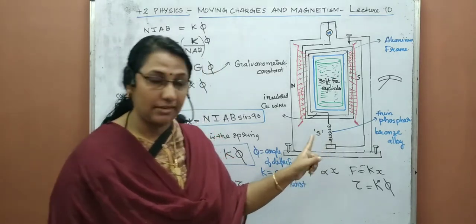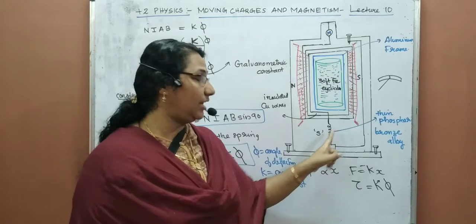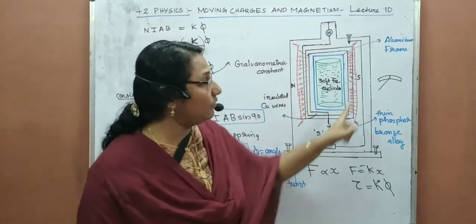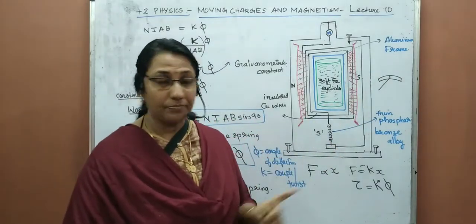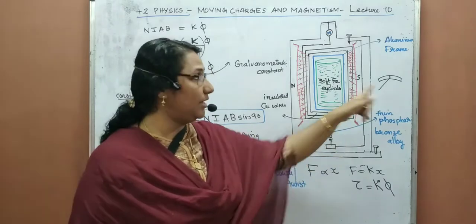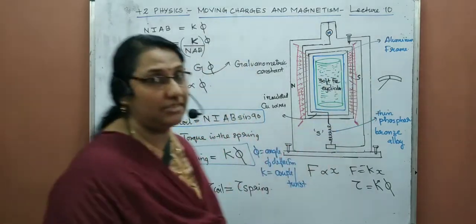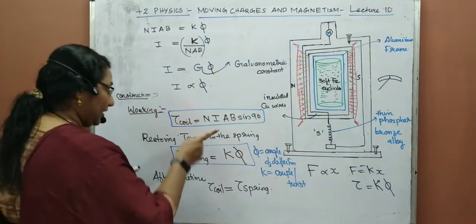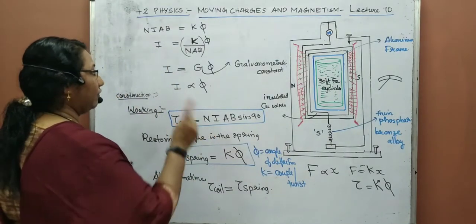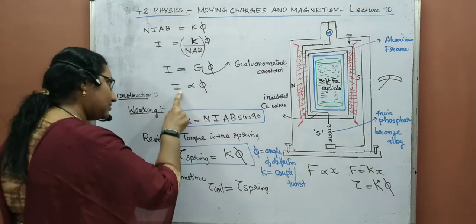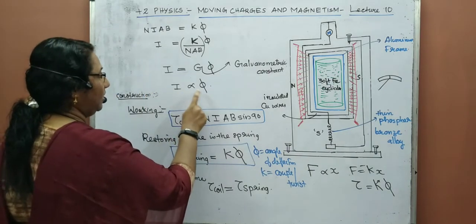That is, this spring is deflected to an angle phi, and finally the needle connected to the spring scrolls over the meter. So the needle deflects and it scrolls over the meter. That means if there is a current in the circuit, that current flows through the coil, and as the current flows through the coil, the needle deflects.